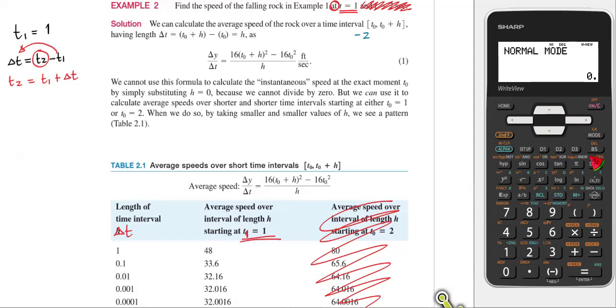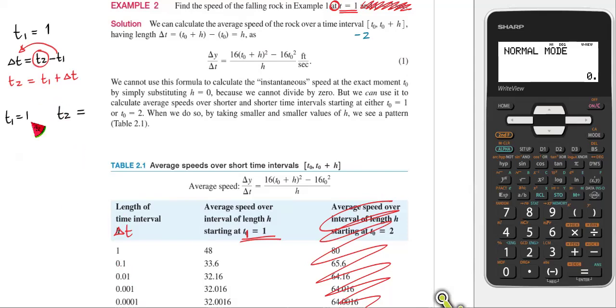So what's happening? We are working between T1 equals 1 and T2 equals, what is T2? The first thing they did, they increased it by 1. They made delta T to be 1. You need a couple of values.